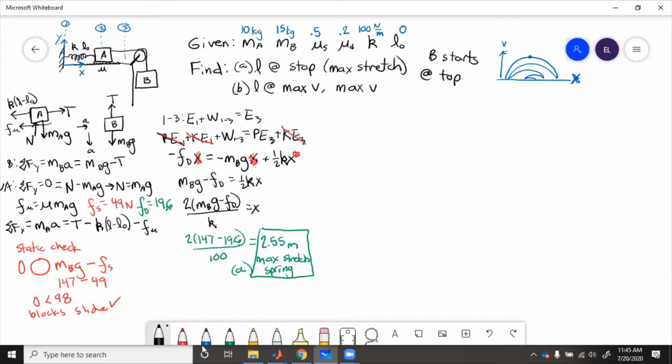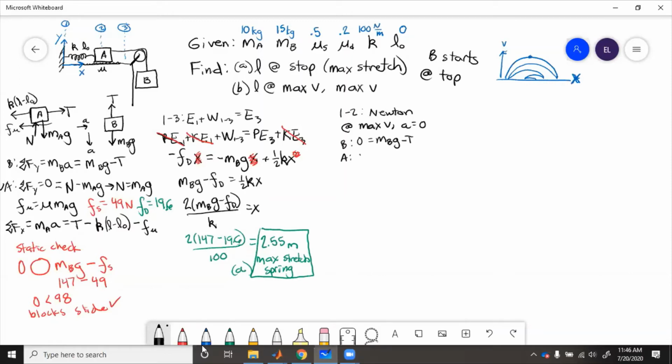So from the free body diagram, we'll use Newton's method here. So at max v, acceleration equals 0. So we know from these force equations over here, from B, we know that 0 equals mb g minus t.